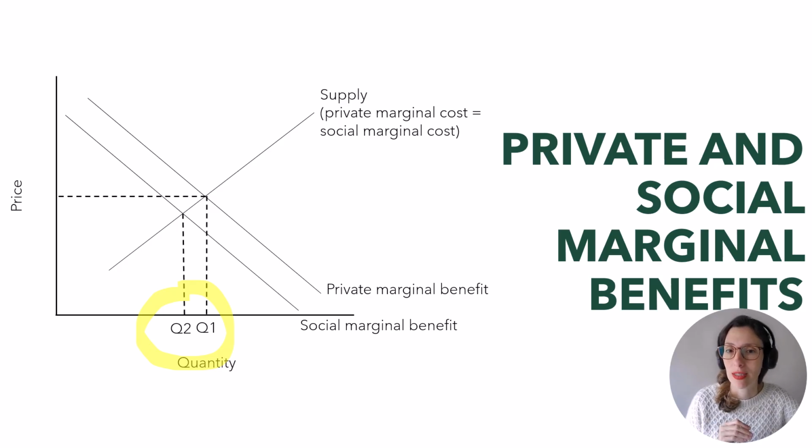In contrast, if the situation were reversed, if the social marginal benefit were greater than the private marginal benefit, we would have a positive externality. In that case, an individual's consumption would generate additional benefits for others that are not reflected in the private decision-making process. And note here that we are looking at the demand rather than the supply because we're talking about consumption.